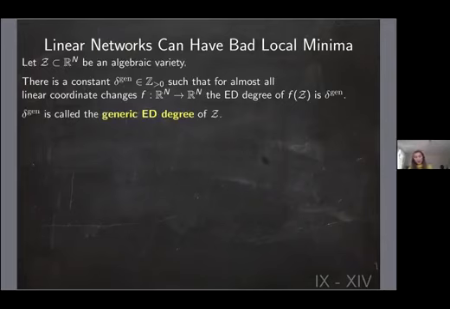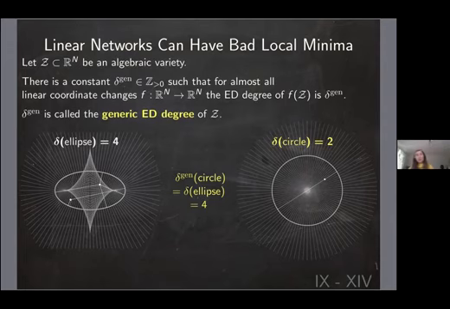And this is an interesting number because if you start from a circle and perturb it randomly with a linear coordinate change, you get an ellipse. So there's the connection: the ED degree of a circle is 2, but its generic ED degree is 4.